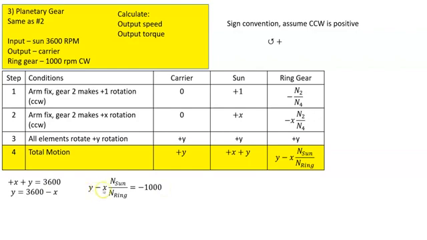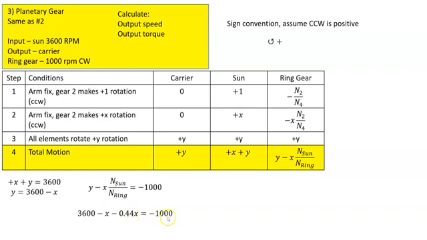So y minus x times the ratio of the sun to the ring in terms of teeth is equal to negative 1000 RPM. Now we've got 2 equations, 2 unknowns. We substitute 3600 minus x for y, with the sun-to-ring ratio of 0.44 times x, equal to negative 1000.